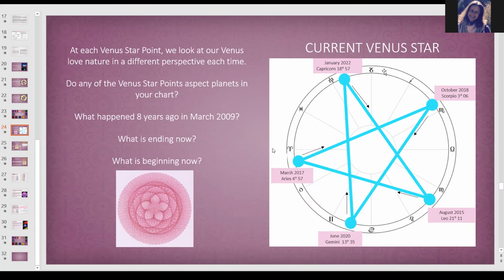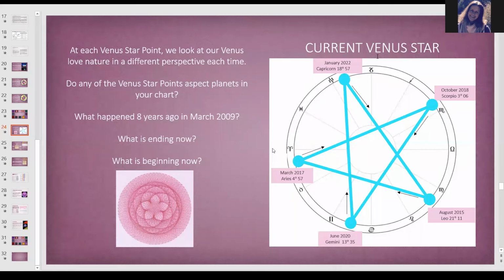You're really lucky to have planets or points at any of the Venus star points, because it really helps you evolve your Venus love nature, your inner love nature, and your outer love nature with others. So I think the relationships you've had in this lifetime have probably been relived, karmic relationships that you've really had to sort through and transform, and above all, forgive the partner for whatever you perceived they did to you, you know what I mean?